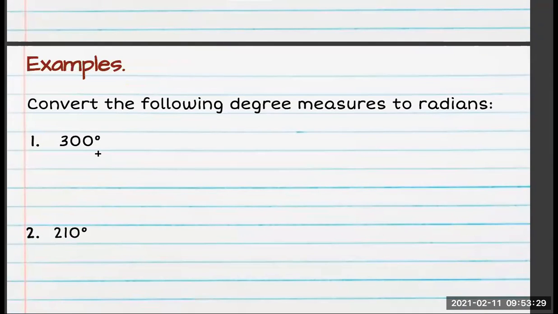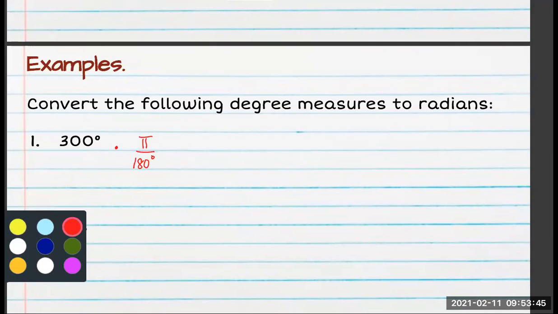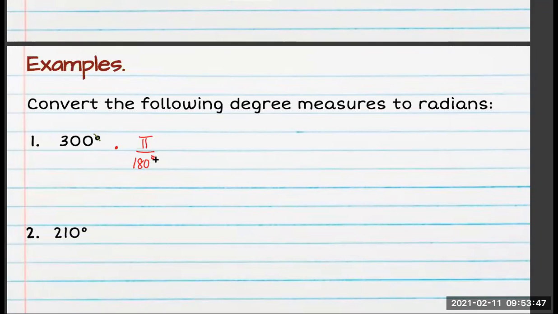You have here 300 degrees. We want to convert this into radian. So we want to cancel out the degrees, right? Therefore, we need to multiply this by pi over 180 degrees. So these degrees here, the unit degrees, would just cancel out. Okay, and what you want to do is to multiply.